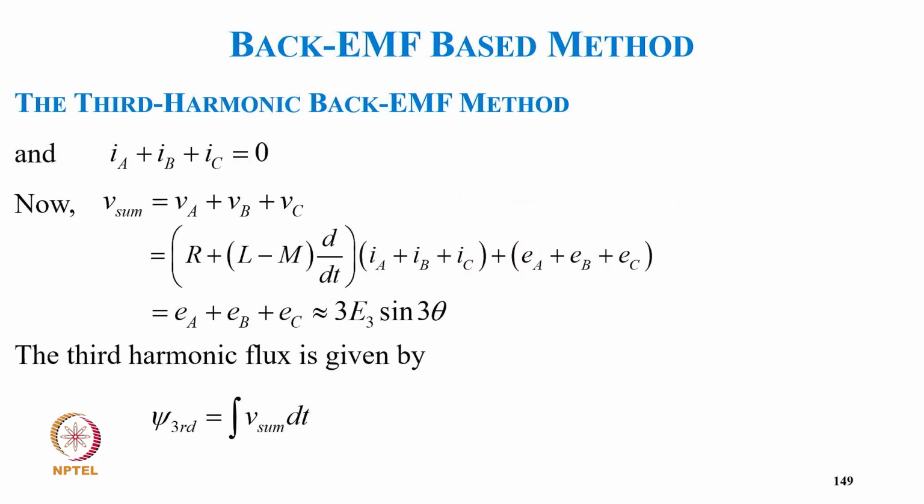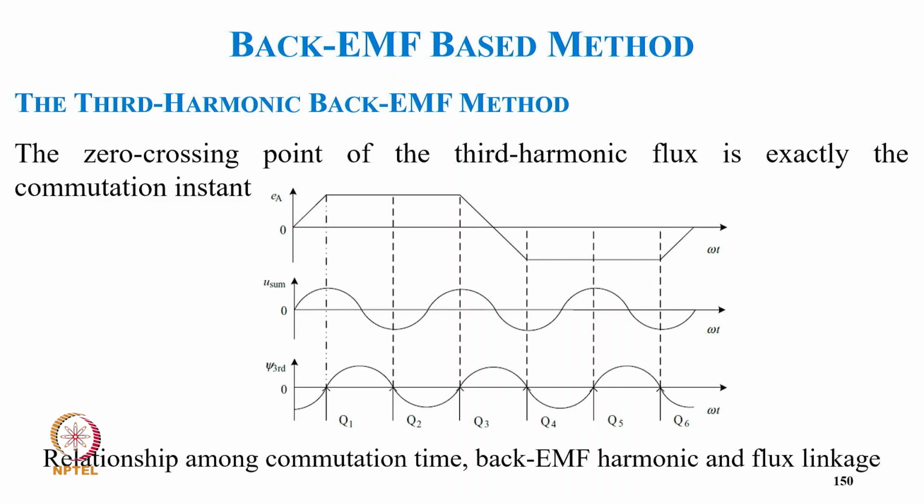So Vsum equal to VA plus VB plus VC, putting the value here in bracket R plus L minus M d upon dt into IA plus IB plus IC equal to 0, that becomes Esum equal to EA plus EB plus EC, that is 3 E3 sin 3 theta, and the third harmonic flux is given by phi 3 equal to integral of Esum dt, and the zero crossing point of the third harmonic flux is a commutation instant, as you can see here.